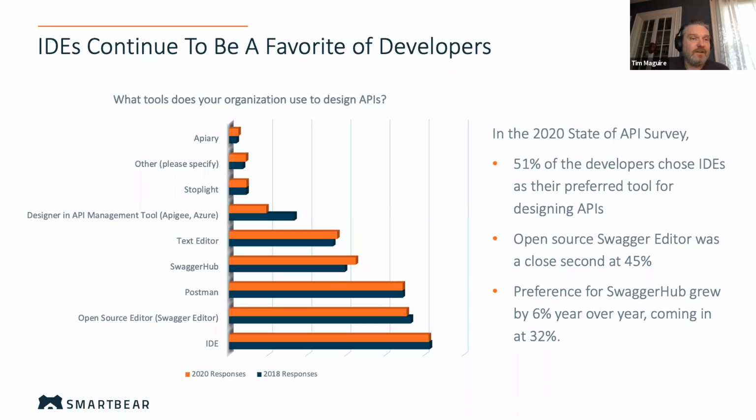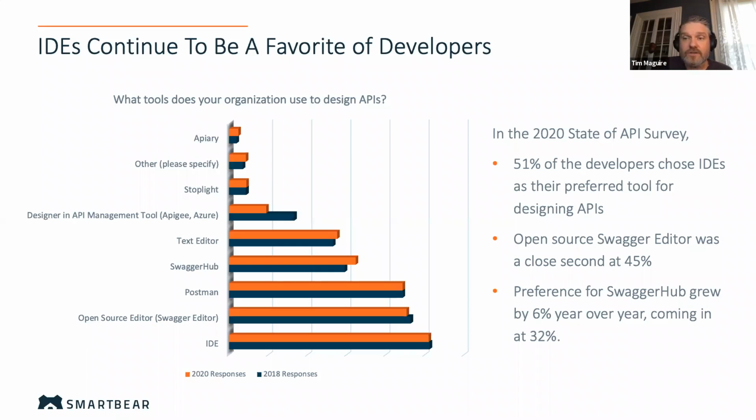So today, IDEs continue, as you all know, to be a favorite go-to tool for all developers. I'm assuming that everybody on this call is familiar with IntelliJ and IDEs. They're the preferred method of building out API designs.